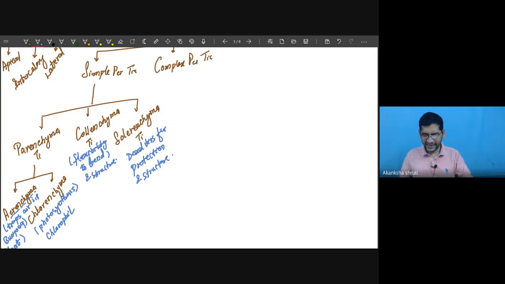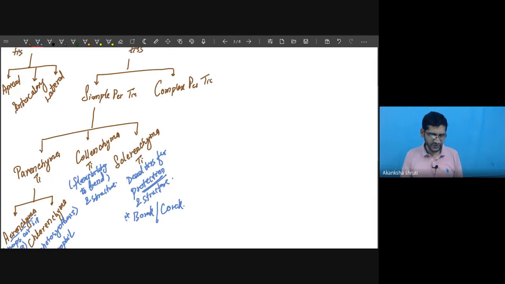But sclerenchyma is for protecting, like the cell wall, the outer wall, or bark, or cork. These are the sclerenchyma. These are for structure and protection. This way, for different specific purposes, there are different tissues.